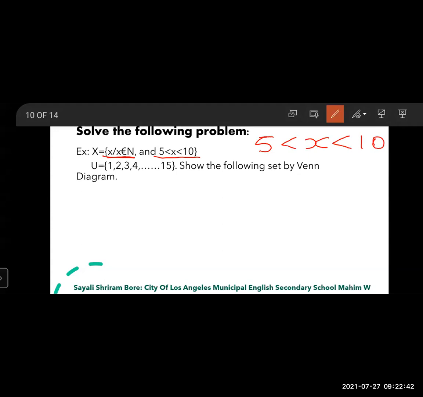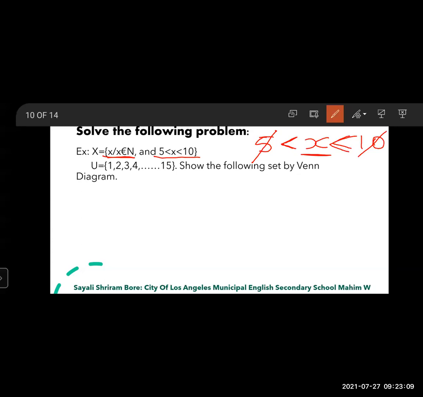So this x is between where and where? From 5 to 10. Here only less than is given, so you will not include 5 and 10 in the set. Then another set is given, U is equal to 1, 2, 3, 4, 5 till 15. Show the following set by Venn diagram.